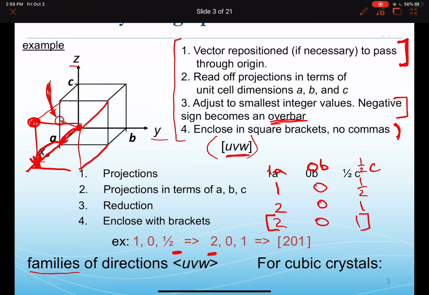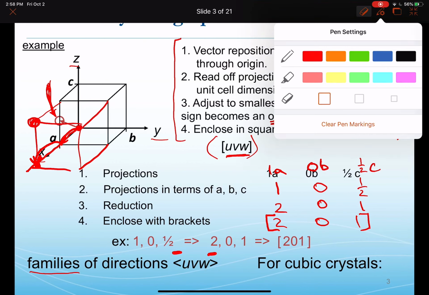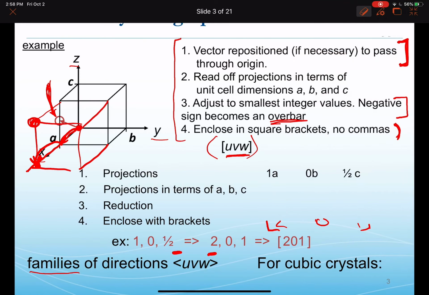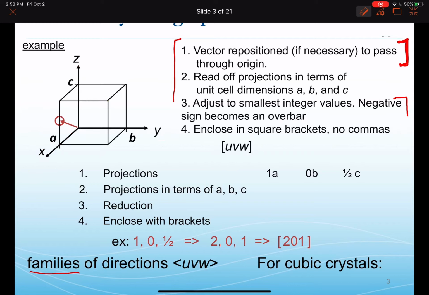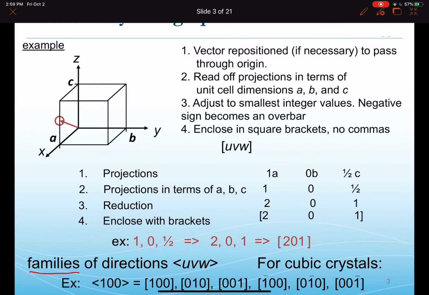Let me just clean up the slide in case you want a more formal version of what we've offered here so far. In cubic systems, for example, it is known that the 1, 0, 0 direction has many other directions that have the exact same population of atoms along the way.